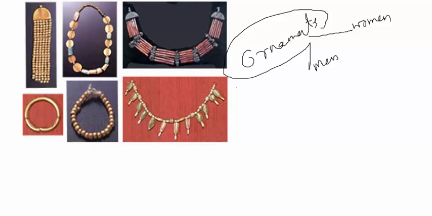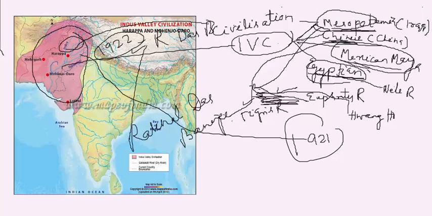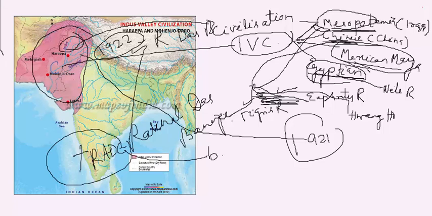Now we are going to focus on one important thing here. In Harappan time, trade was prominent, and this trade was in the form of barter.